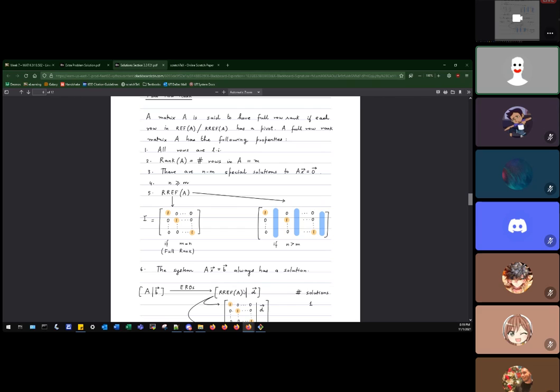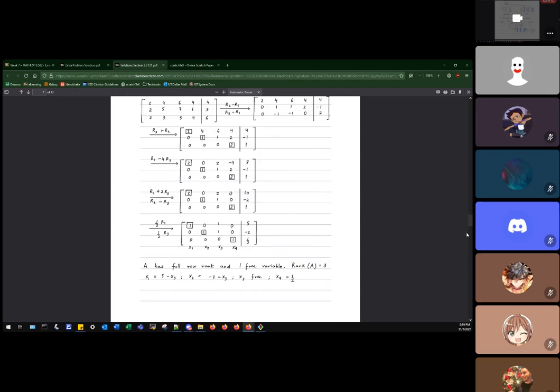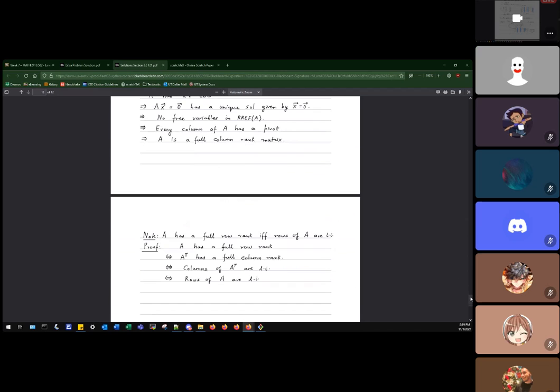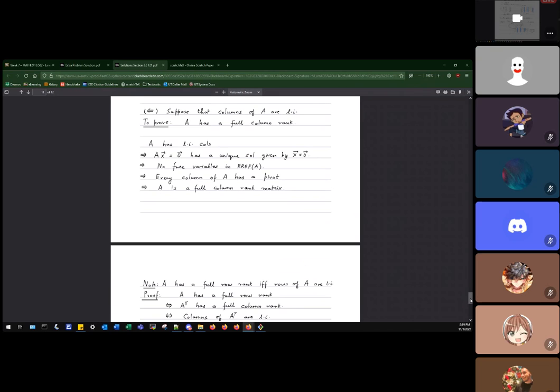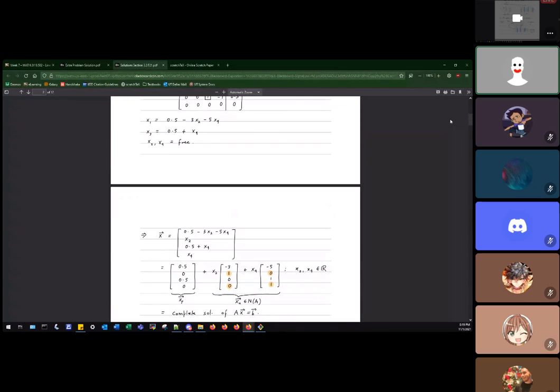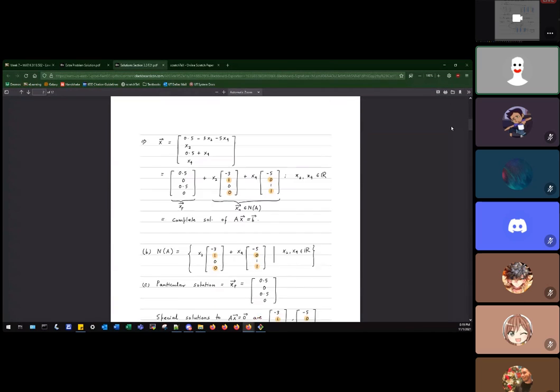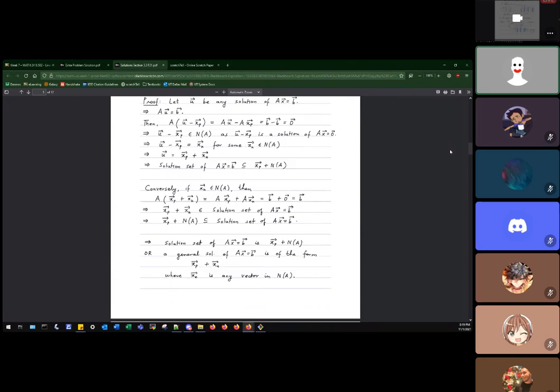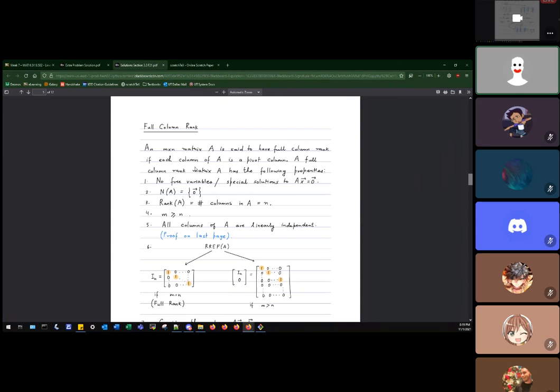If you're going to go just based on the definition, then let's say we hadn't learned this theorem and this theorem. The only tool we would have had to determine whether or not a matrix has full row rank or full column rank would have been the definition of full column rank.